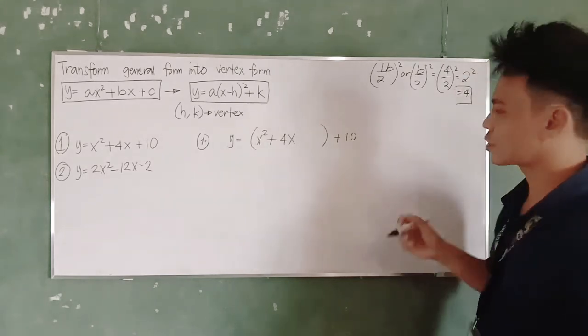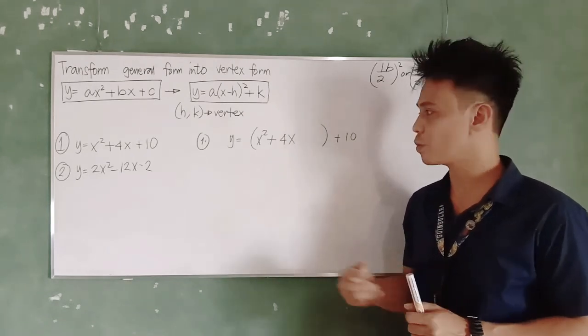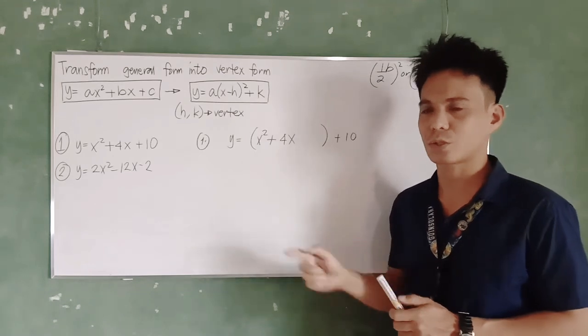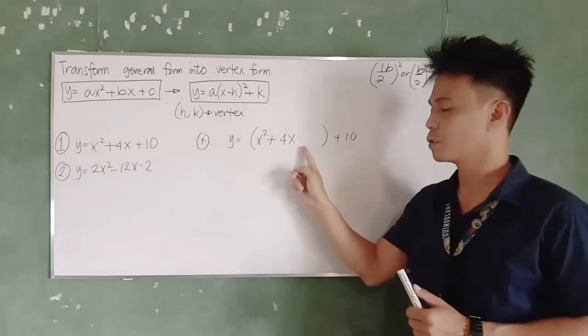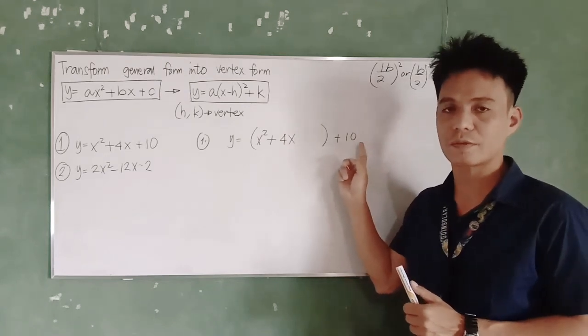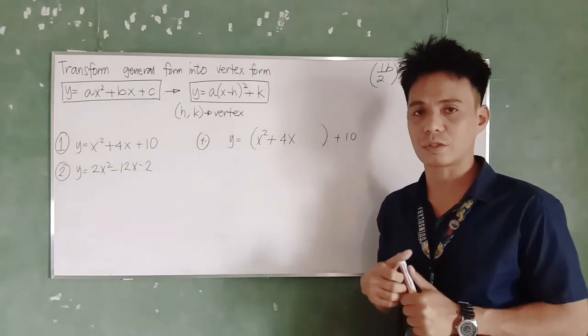So there you have it guys. Our value of 4. So, gagawin natin guys is to add this to our regrouped variable x. So, add natin yung value ng 4 dun sa regrouped value ng variable x and isubtract natin dun sa constant part para pantay pa rin yung ating equation. Okay?